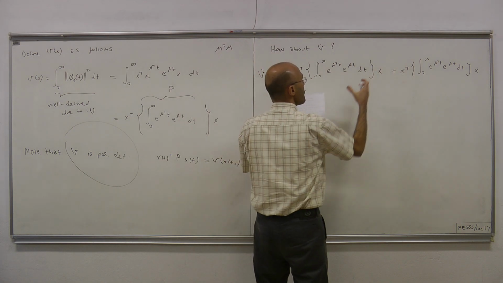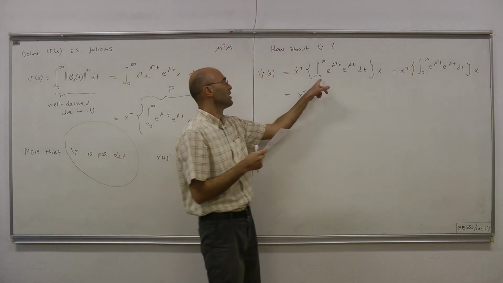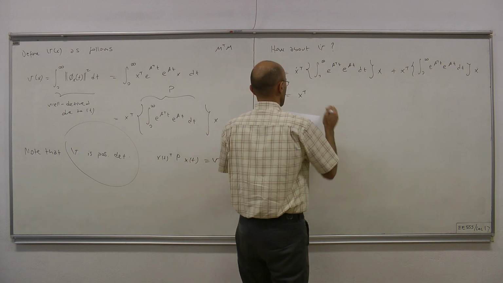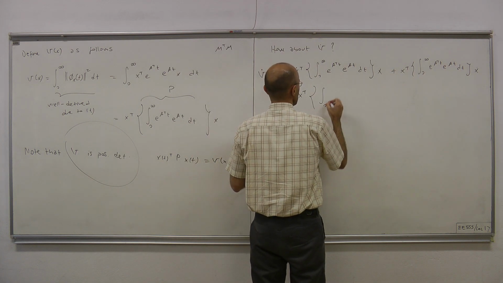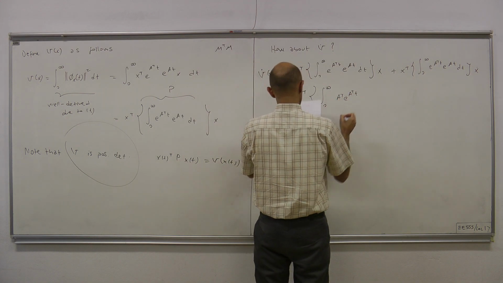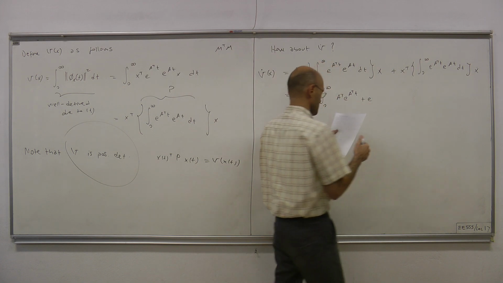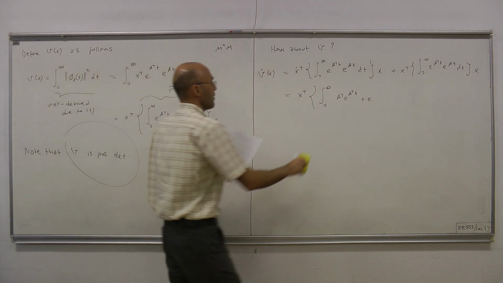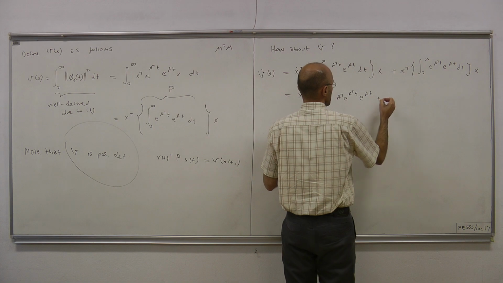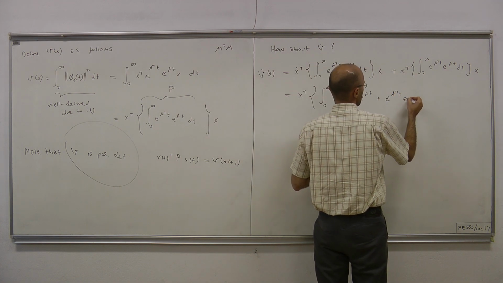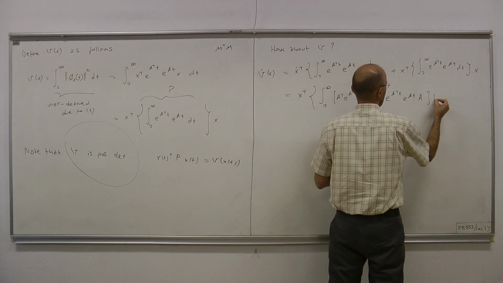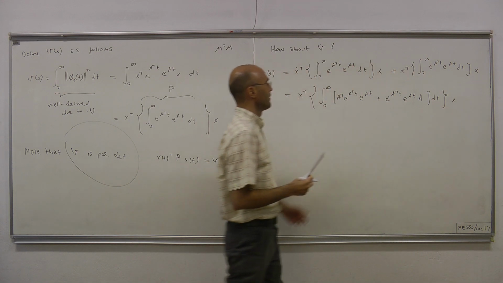And once you do that, and then combine both integrals, because they are both over the same interval from 0 to infinity, we can write the whole thing as the integral from 0 to infinity of A transpose e to the A transpose t e to the A t plus e to the A transpose t e to the A t times A, dt, times x.